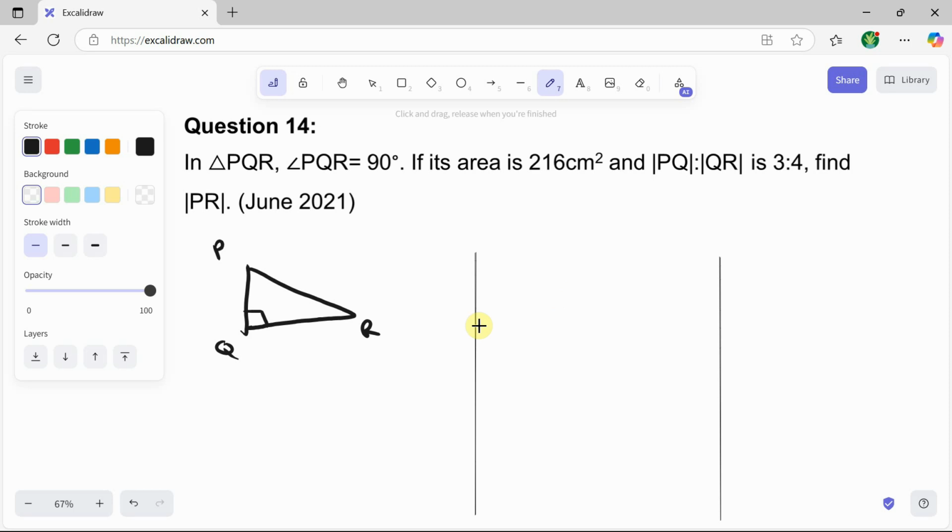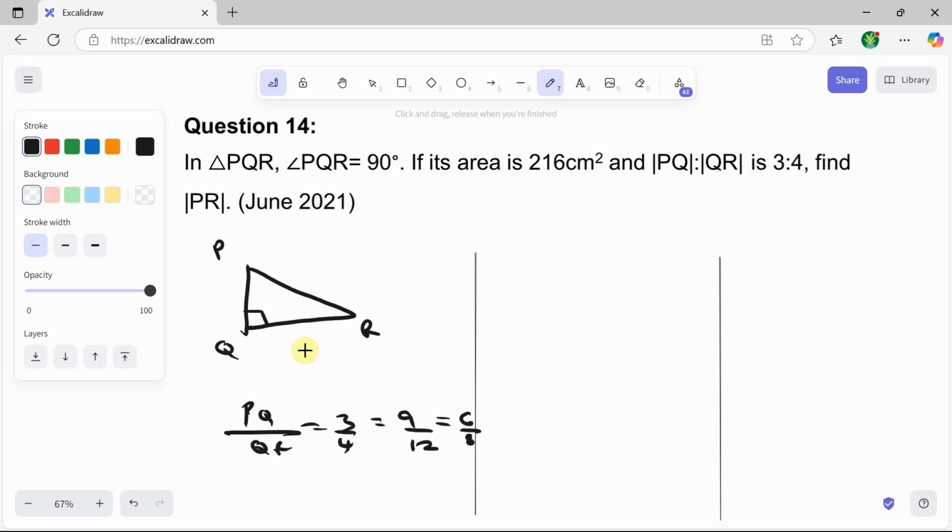We're told that the ratio of PQ to QR is 3/4, right? When you see something like this, it could have been 9/12, it could have been 6/8, same as 3/4. So we don't know the exact true length.